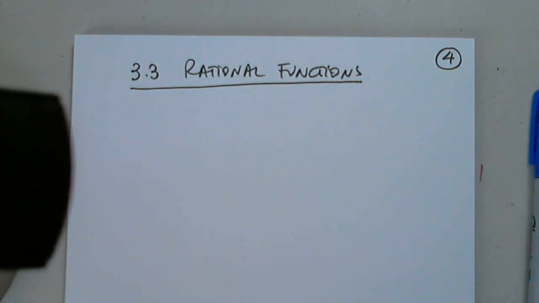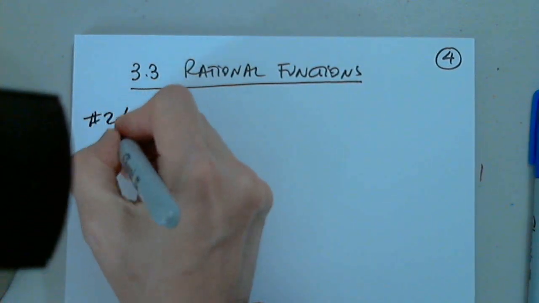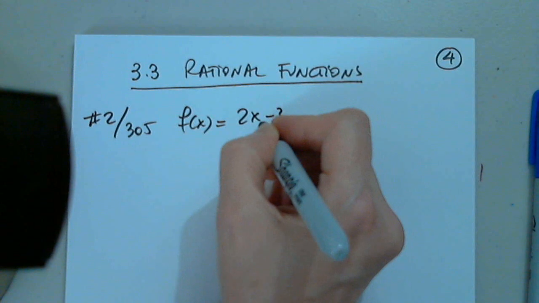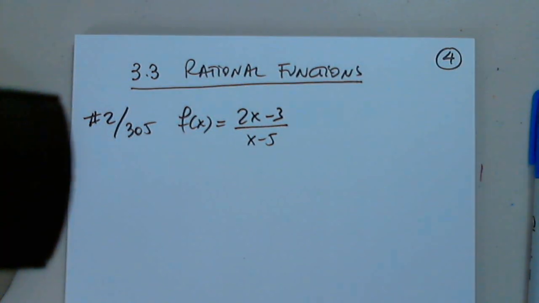Number 2? With number 2 on page 305, we have f of x equals (2x minus 3) divided by (x minus 5). Perfect. I'm going back to the previous notes.